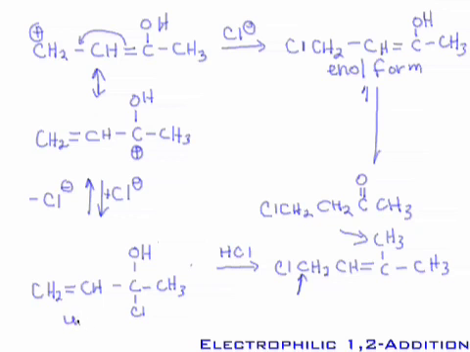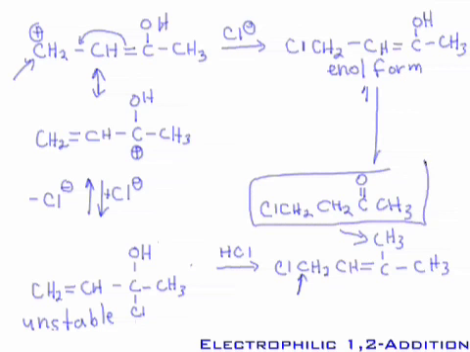This product is unstable. And so while attack of this resonance contributor is possible, it does not lead to a stable product. Because it's unstable, the chloride immediately gets kicked out, and you get back to the original carbocation. Only attack at the 1,4 position here leads to an enol, which can tautomerize to a stable product. And this product is stable.